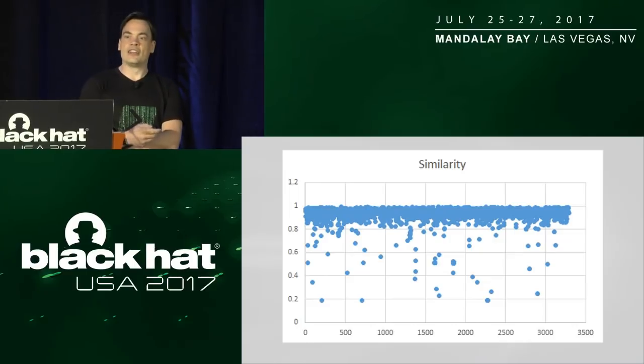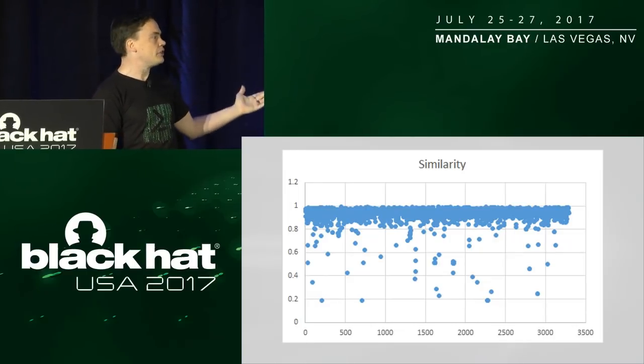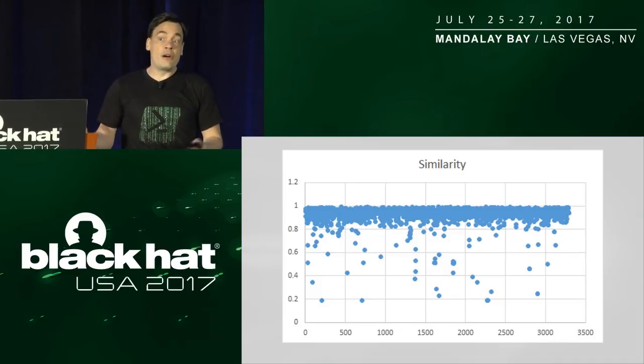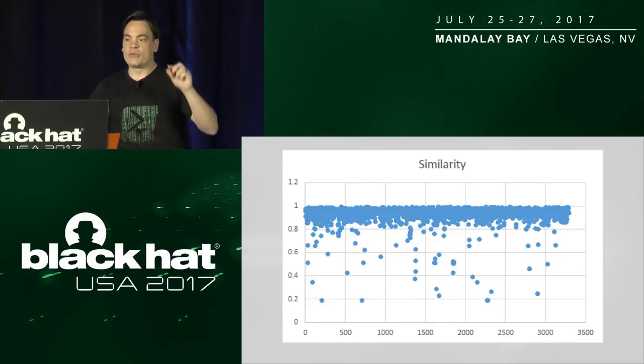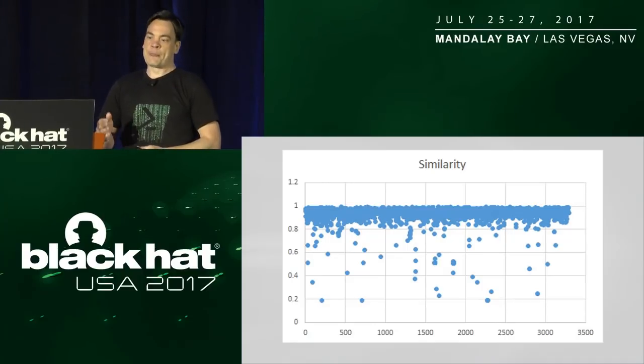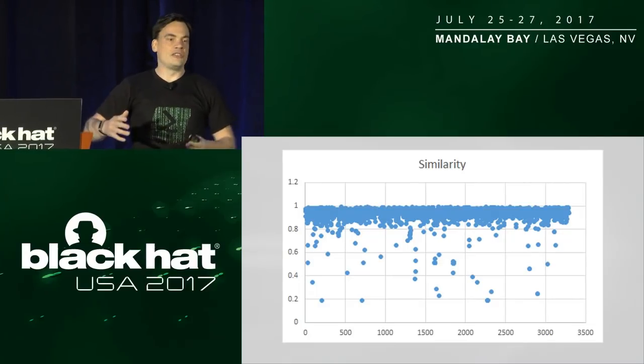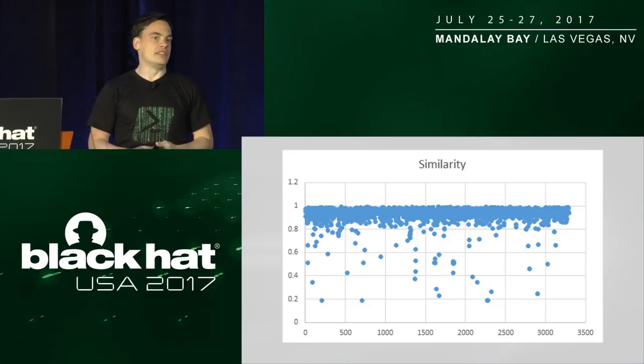This is what it looks like when you take those similarity metrics to the average PowerShell script across all of Posh code. We see just a really, really great grouping here above about 0.8. Anything below that, when you took a look at, you're talking about reducing 3,500 scripts down to like a couple dozen.